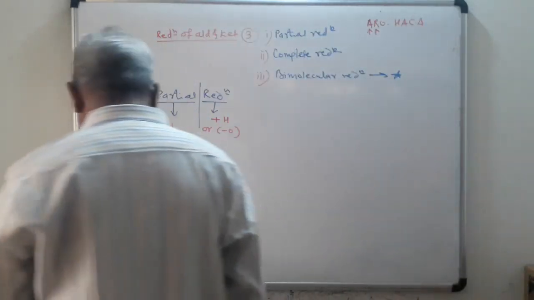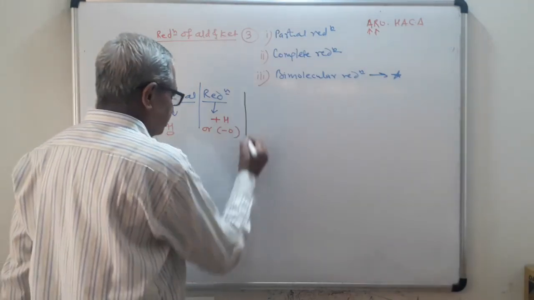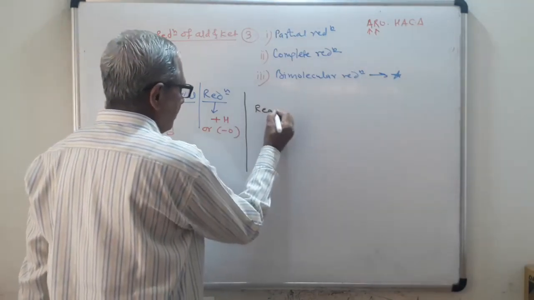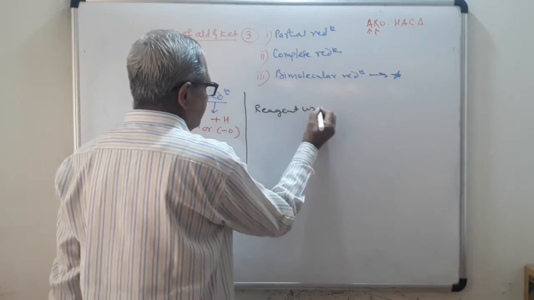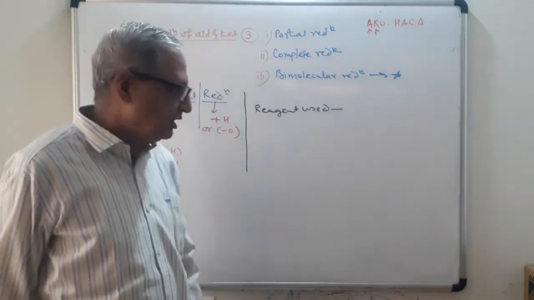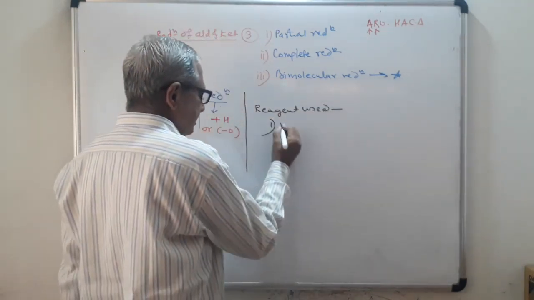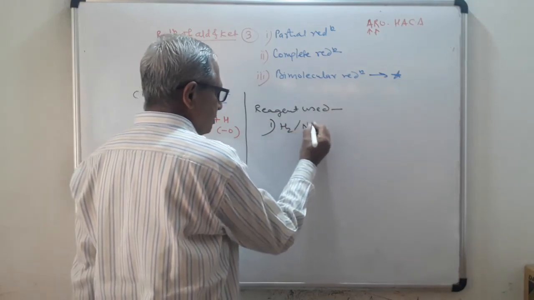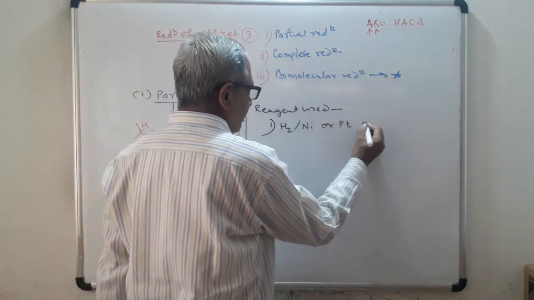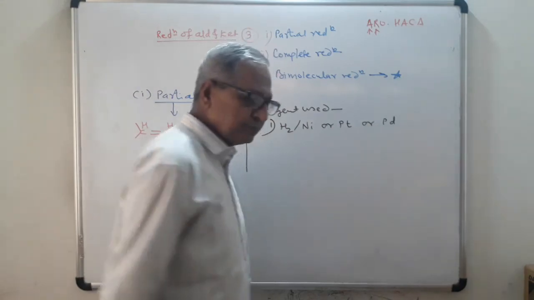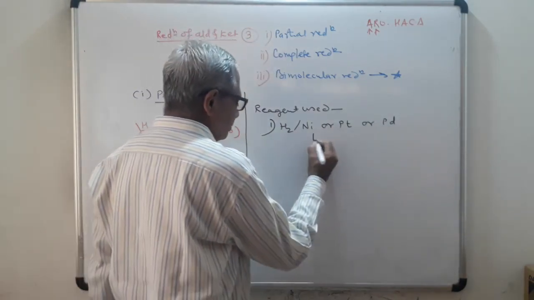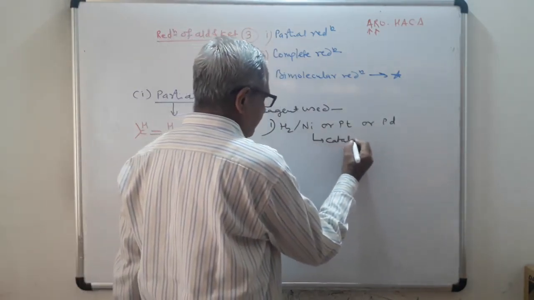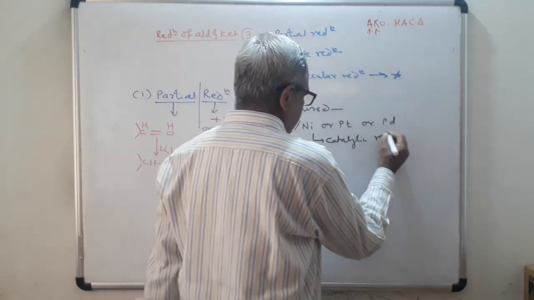Now the next question: reagents used for partial reduction. First reagent is hydrogen in presence of nickel, platinum or palladium. This reaction is also known as catalytic reduction.